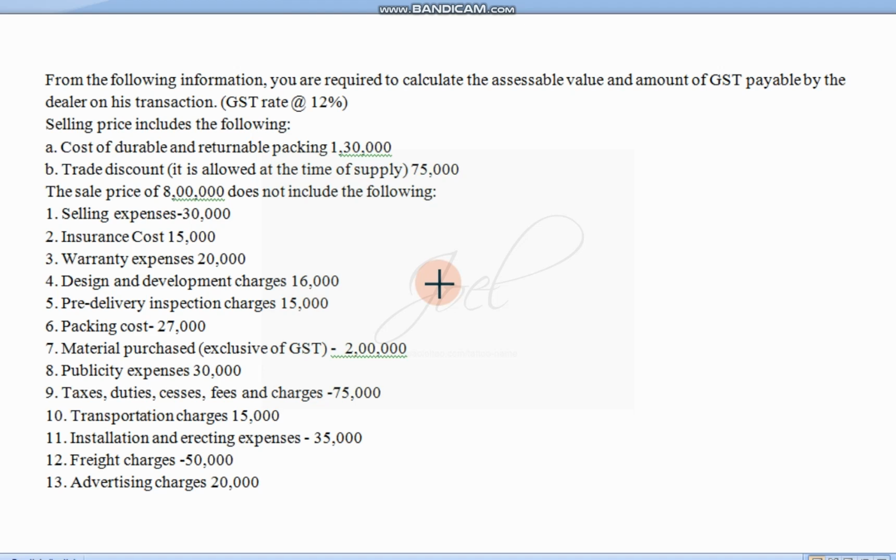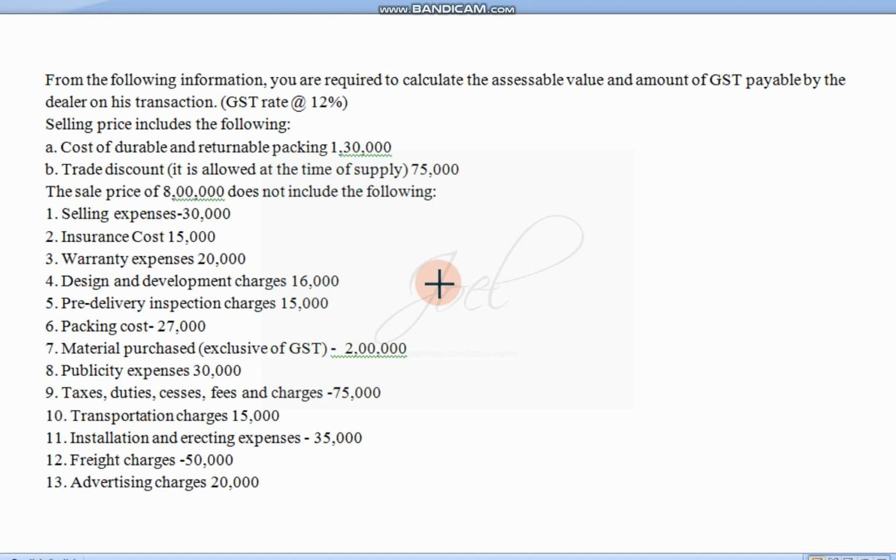Here, as I have told you, to the selling prices, all expenses which are not included in the selling prices are supposed to be added. We will arrive at one value. From that value, we are supposed to deduct the expenses and exclusions which are included in the selling price. It may be trade discounts, cash discounts, or these kind of things.